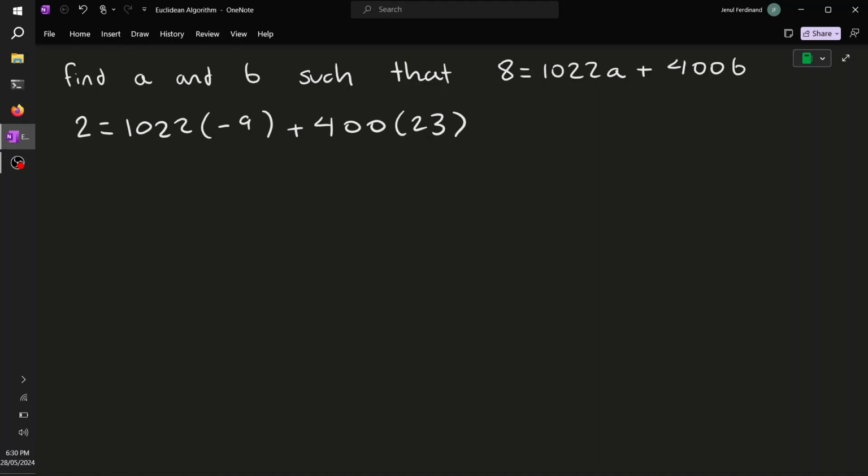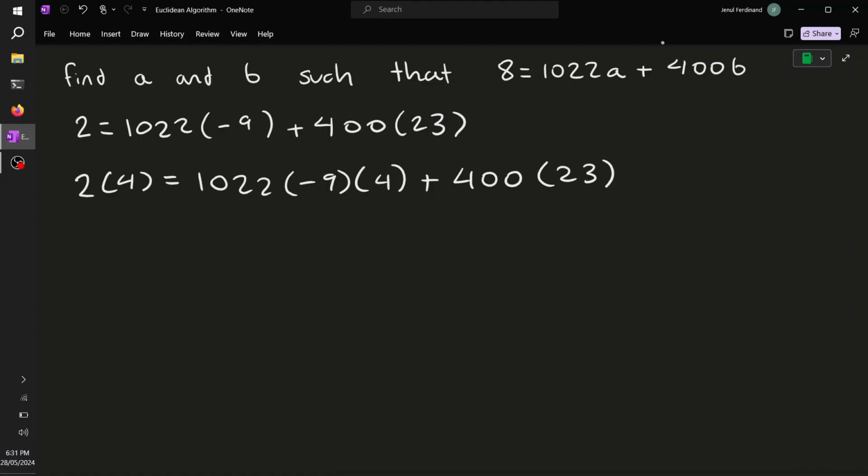To make this satisfy, we can actually just multiply everything by 4. So we'll multiply 2 by 4. And we'll also multiply this by 4, but only the negative 9 and the 23, since we want to find A and B. So this will be 8.